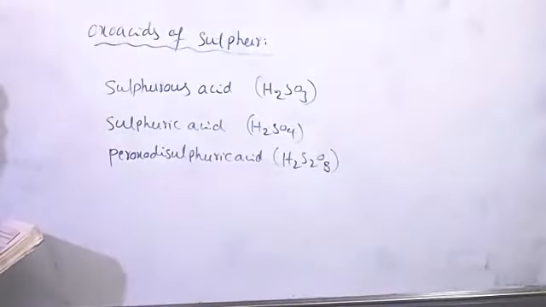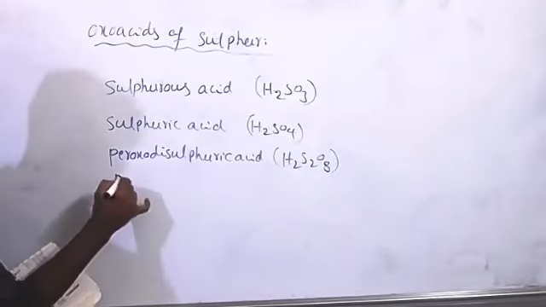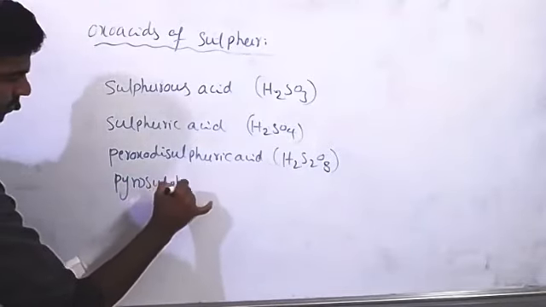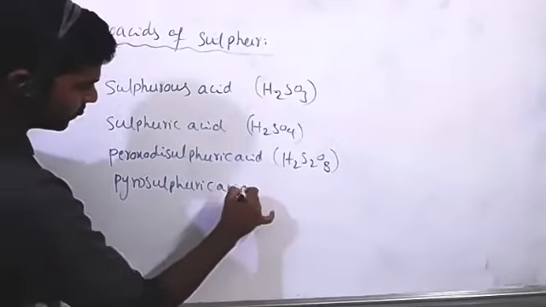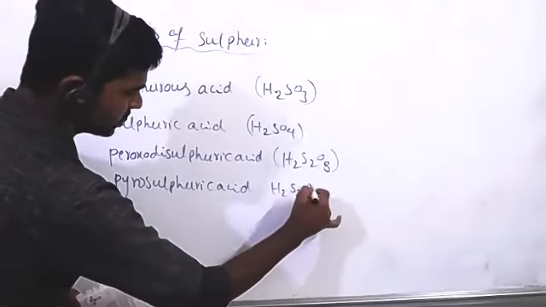Next, pyrosulfuric acid, formula H2S2O7. Another name for this is oleum.